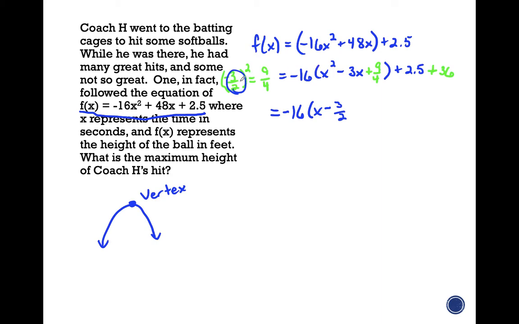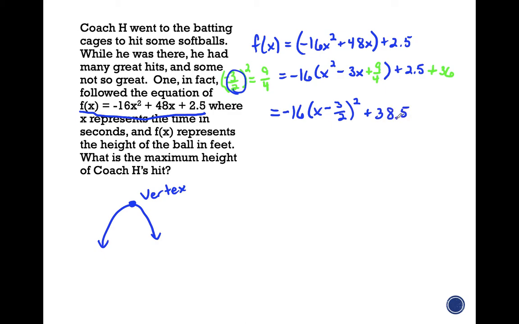So I can just go back and look at my work on the completing the square, and I automatically know how to factor that perfect square trinomial. Then I just add on back here, so we end up with 38.5.